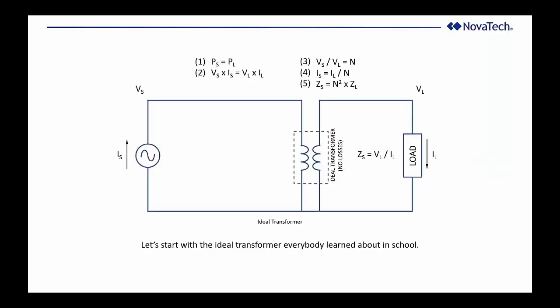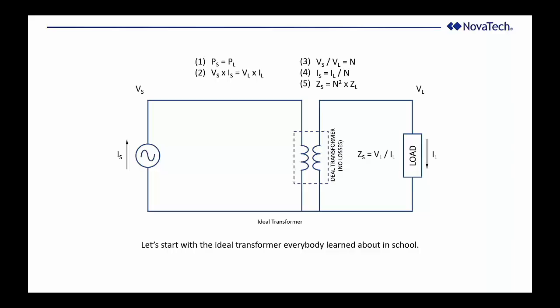So just to begin from a point where everybody has a common frame of reference, I thought we'd start with the ideal transformer that everybody usually thinks about. This is what's normally taught in school, and it has a number of properties that lend themselves to circuit analysis. So we start with the fact that the power into an ideal transformer is equal to the power out of it. In the diagram I have here, I'm showing subscript S as the source, subscript L as the load.